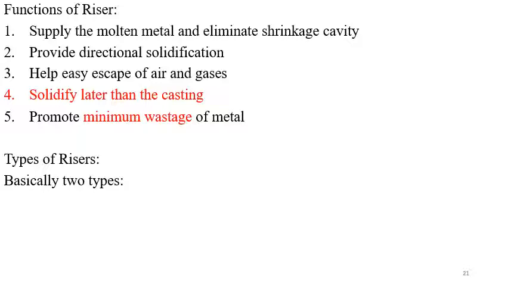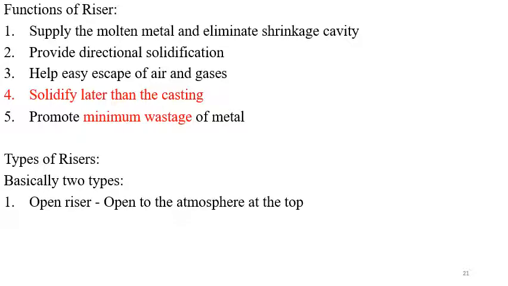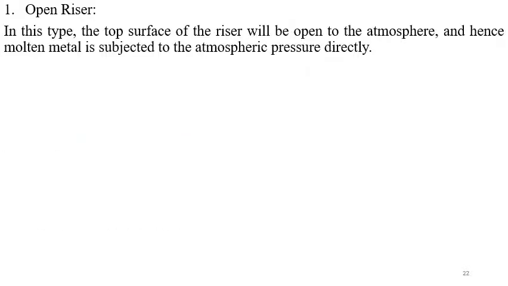Types of risers used in industries. Basically there are two types. One is the open riser, open to the atmosphere at the top, and the other is the blind riser, closed to the atmosphere. First, the open riser. In this type, the top surface of the riser is open to the atmosphere, and hence the molten metal is subjected to atmospheric pressure directly.